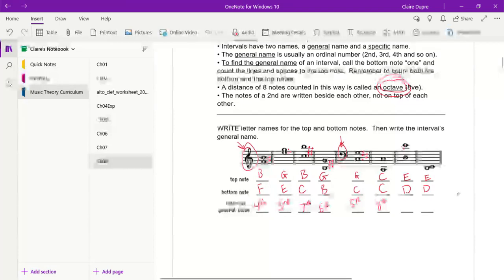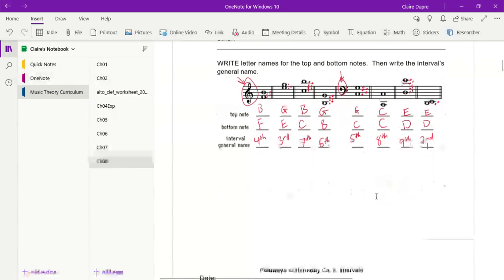That's a fifth. 1, 2, 3, 4, 5, 6, 7, 8, 9. Woo, that's a ninth. Biggest one on here so far. Is this one bigger? Absolutely not. That is tiny. 1, 2. It's a second.